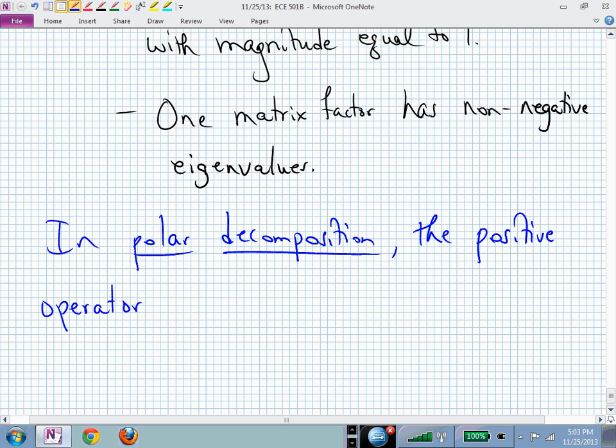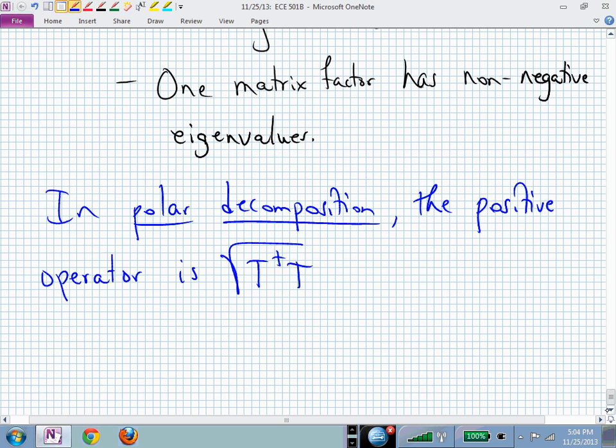The positive operator is this positive square root of t dagger t, and we actually give the eigenvalues of that positive square root of t dagger t a name.